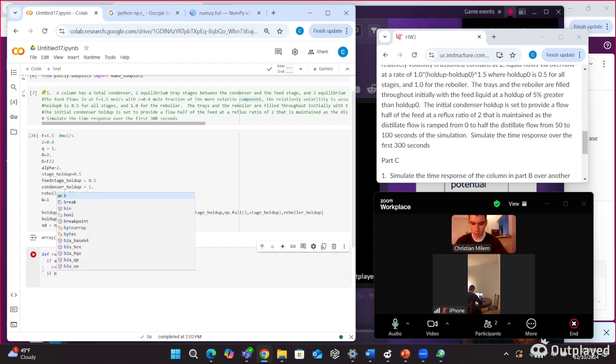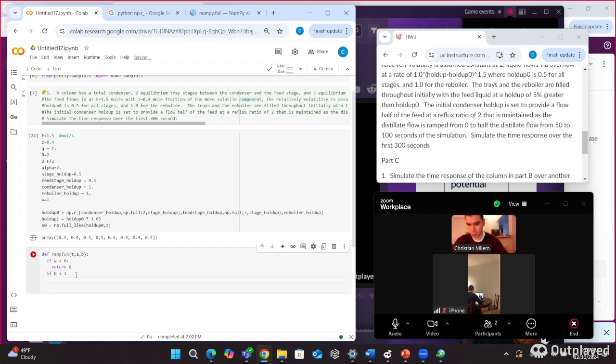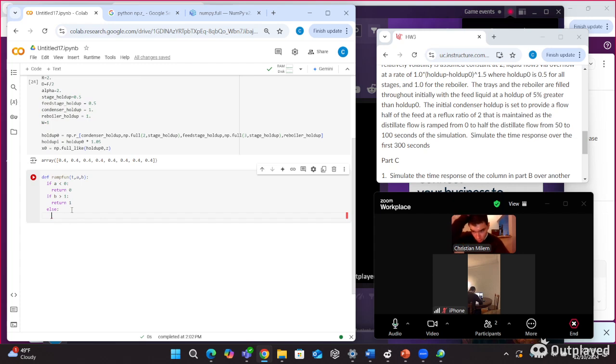If B is greater than 1, else we'll do E minus A divided by A minus B.